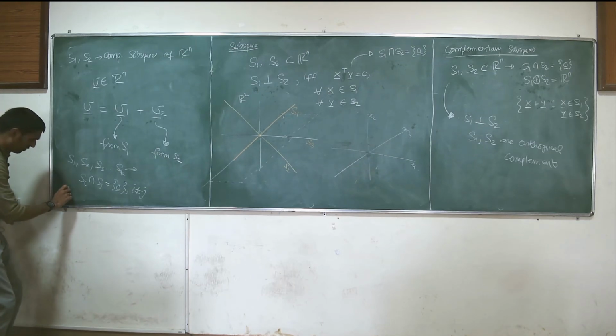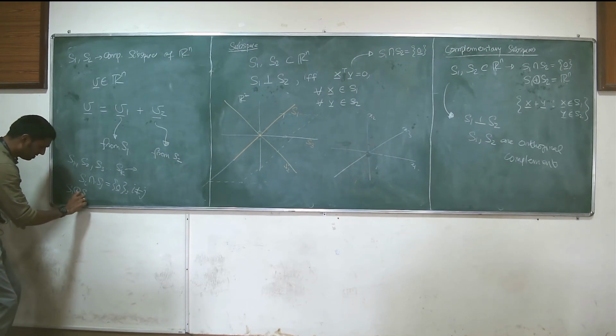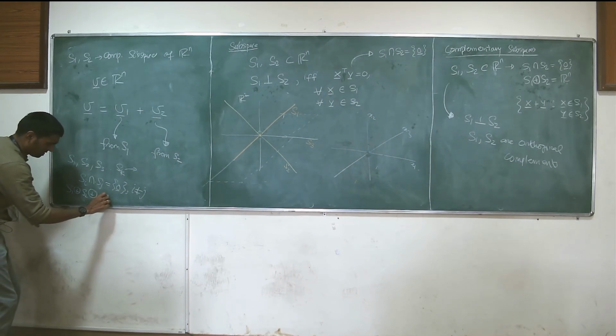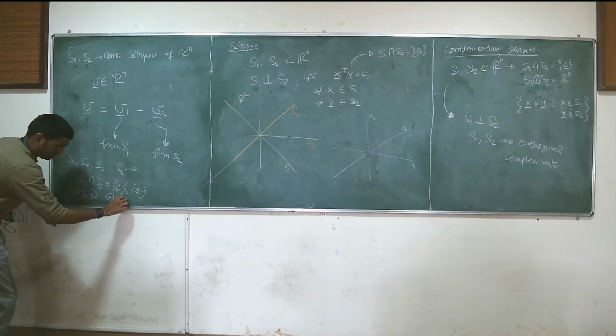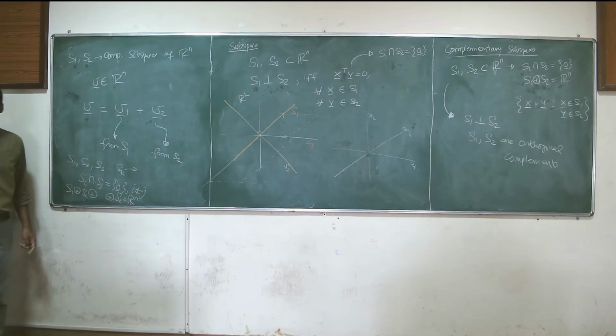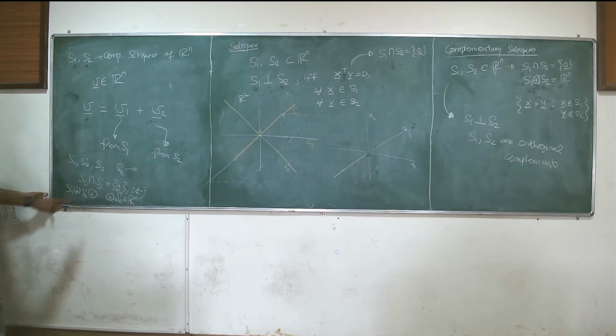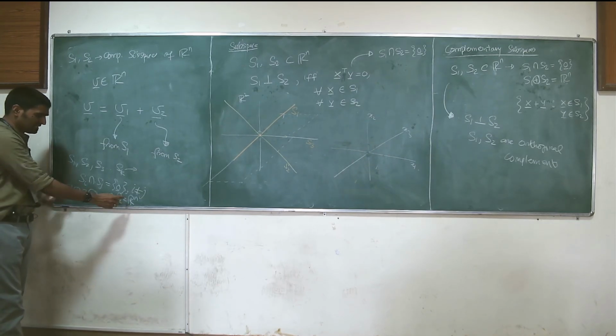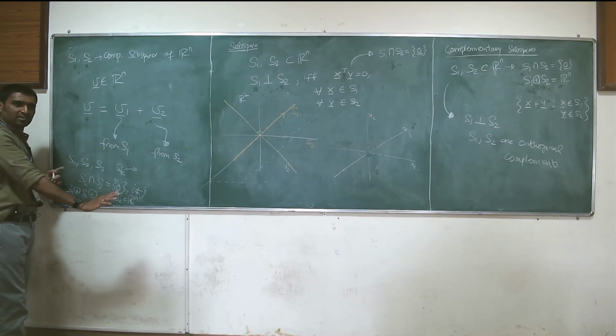Okay, and if you add all of these together, you get Rn. Okay, together they generate the full parent space, and they all share only the zero vector, nothing else.